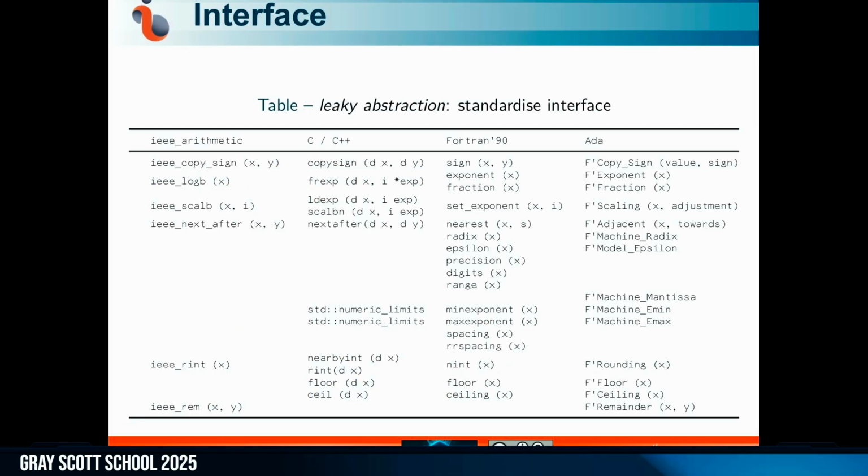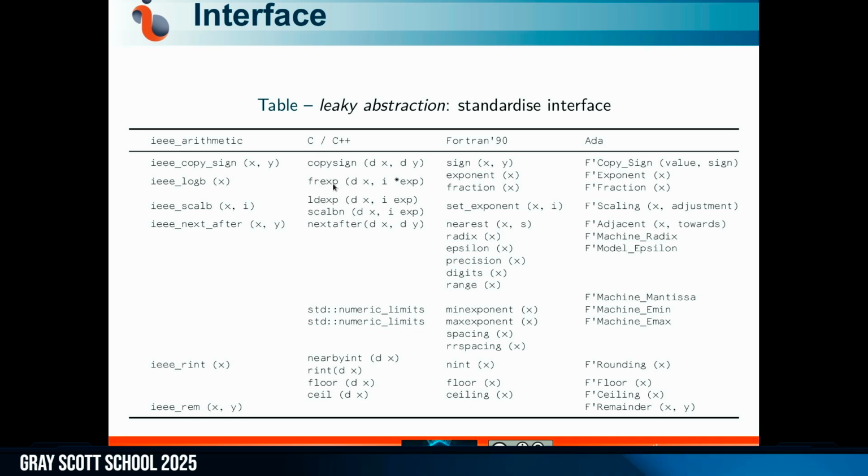Okay, so it shows us that floating point is a leaky abstraction, and hopefully we have a standardized interface for extracting the components, extracting the members of the floating point object, and changing them.